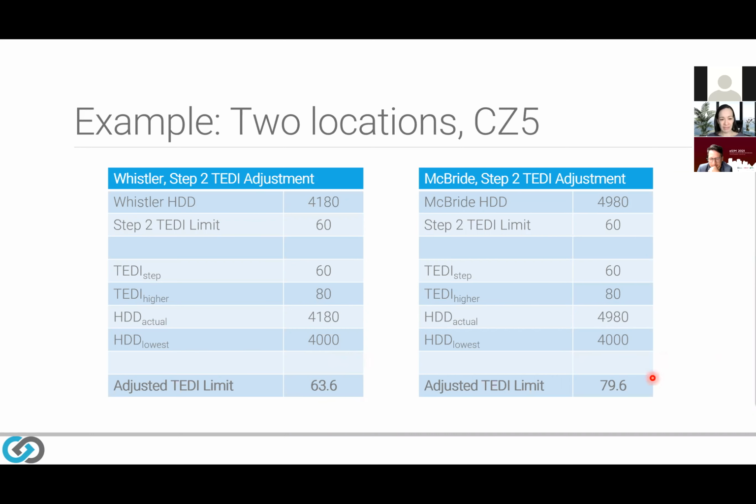McBride, however, gets quite a bit higher, up to 79.6, which, as I mentioned, is almost the climate zone 6 limit. So you could argue this is a lot more fair. I'm going to show you another side of the argument later on, but this is kind of watering down the step code. But as it stands, this is what is allowed under the step code based on those adjustments.